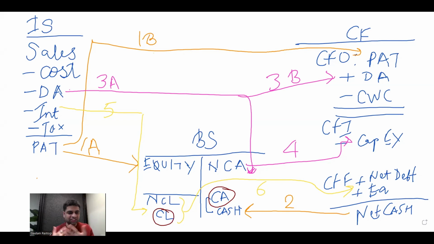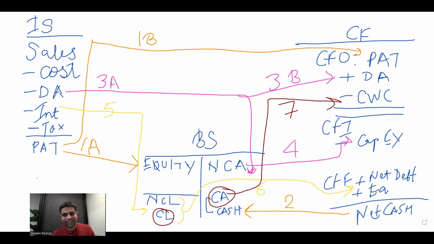Basically your receivables, your inventory, and on the liability side your payables, and so on. The difference between current assets and current liabilities is working capital, and the change in working capital needs to flow to your CFO. Let's call it transaction 7.